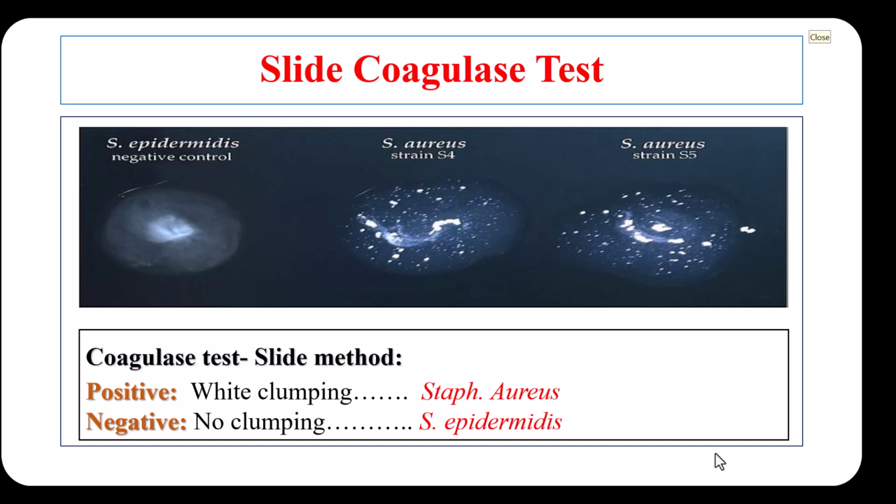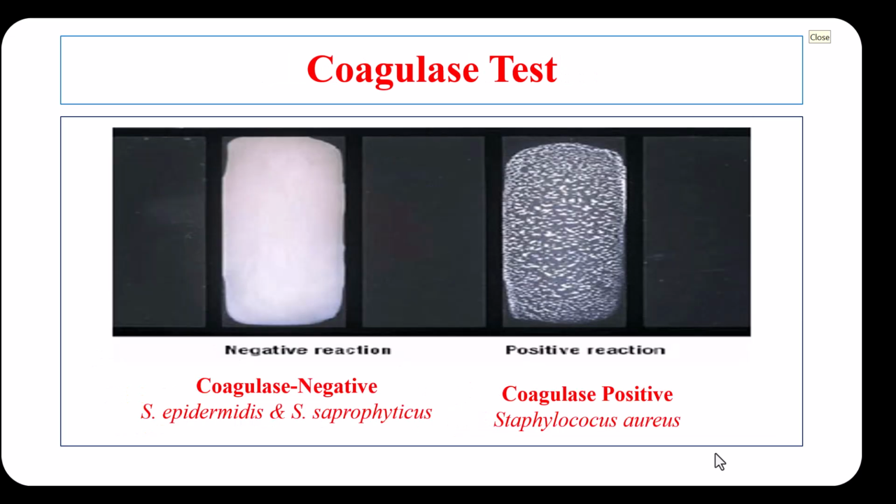The positive result is indicated by visible white clumping, which indicates Staphylococcus aureus, while the negative result shows no clumping. That means other species of Staphylococcus, such as Staphylococcus epidermidis. As I mentioned, the positive result is indicated by the visible white clump in the slide method, which indicates Staphylococcus aureus, and the negative result is non-clumping.